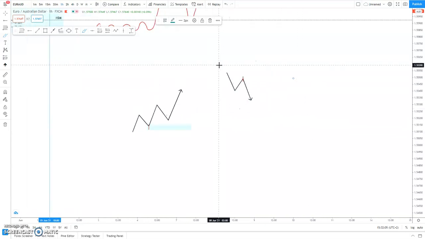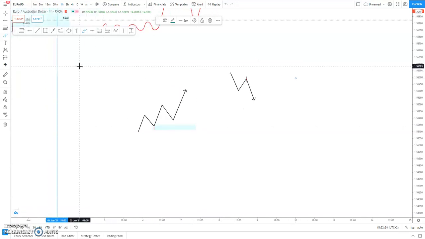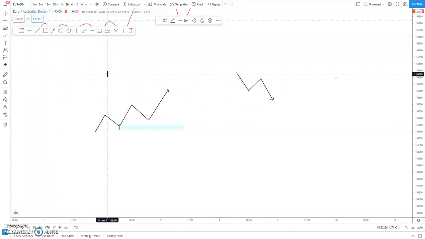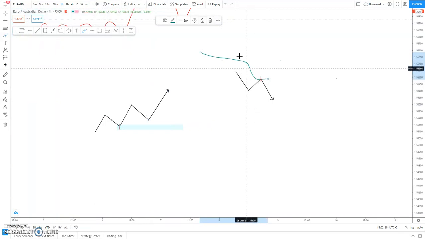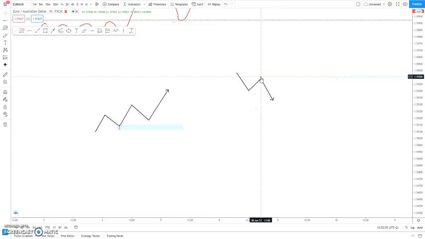So the bearish market supply zone will be the last bullish candle before impulsing bearish, and in the bullish market, the demand zone will be the last bearish candle before impulsing bullish. Also, a demand or supply zone is referred to as an order block.